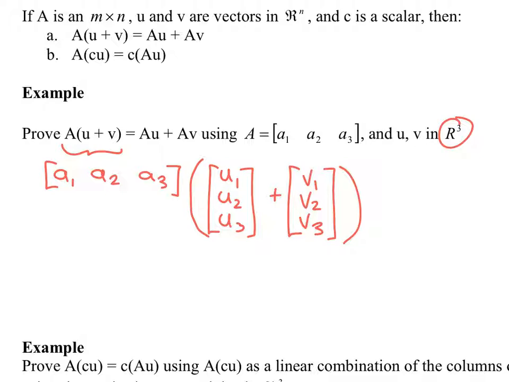Now, we know that vector addition, I'm not talking about the graphical addition, just the act of adding 2 vectors, is as simple as adding the corresponding parts. So we're looking at U1 plus V1, U2 plus V2, and U3 plus V3.